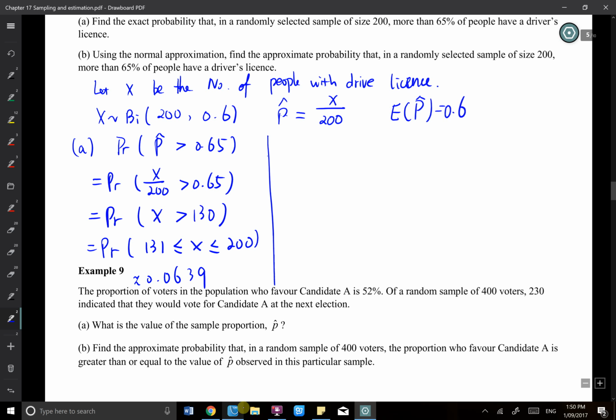What's the variance of p hat? Give me an equation, it's fine. 0.6 times 0.4 over 200.